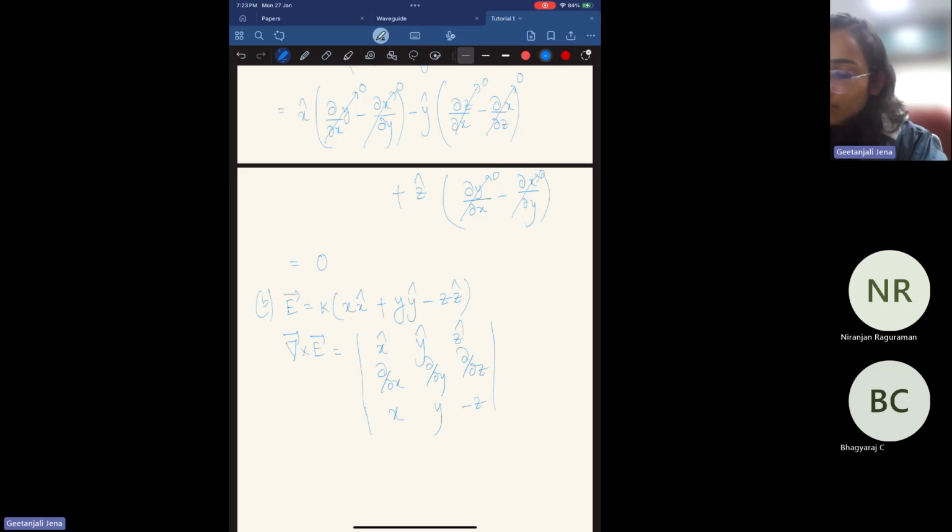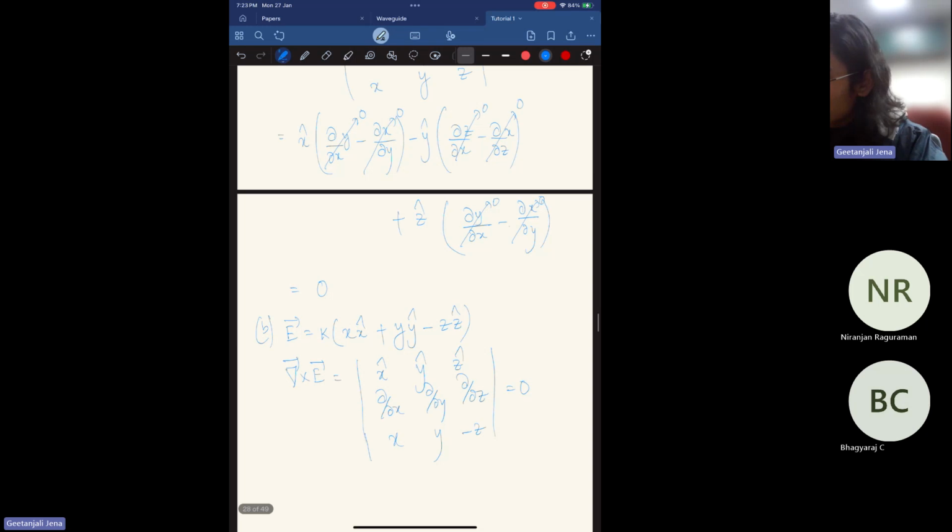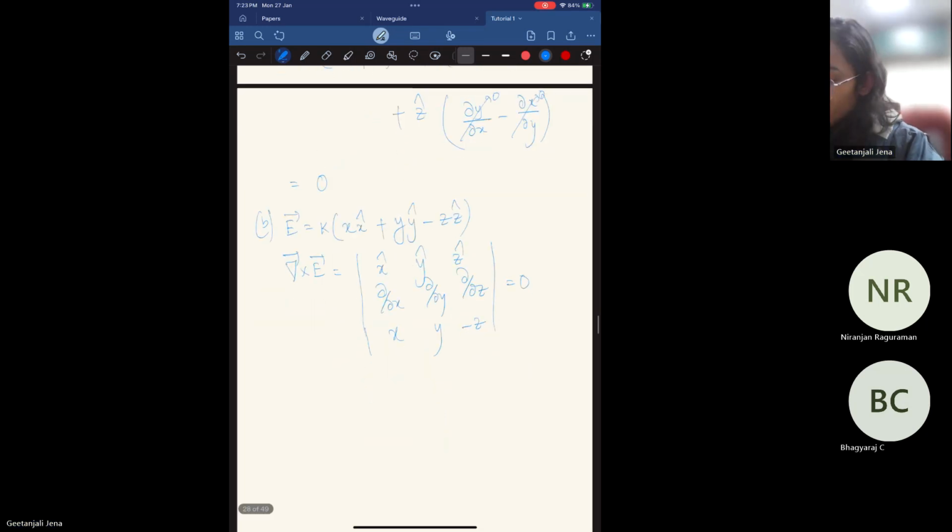This will be 0 because it's similar to the previous one. For x cap, dou y by dou z is 0 and dou z by dou y is 0.